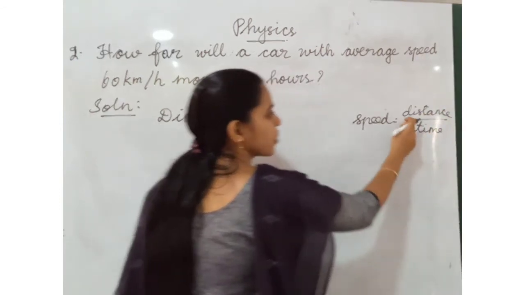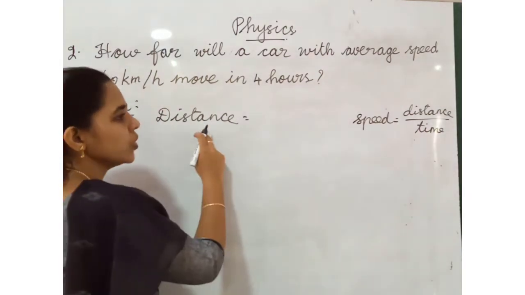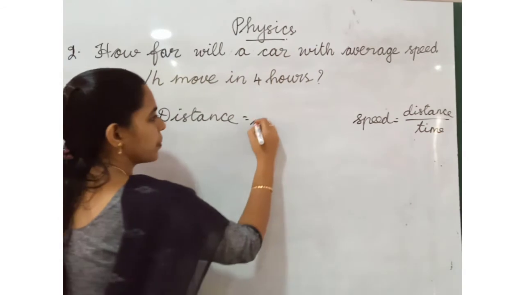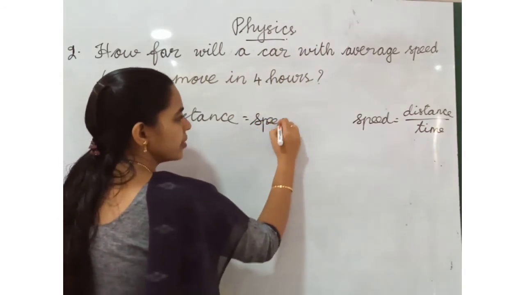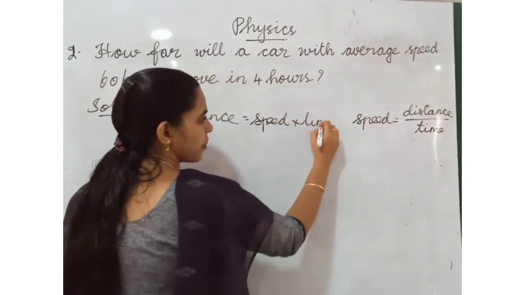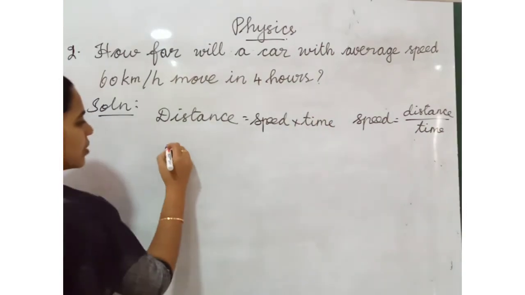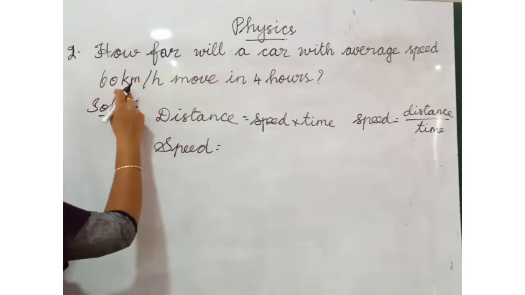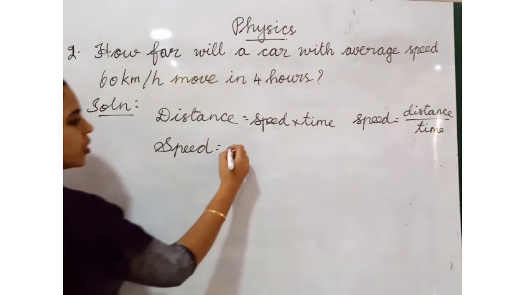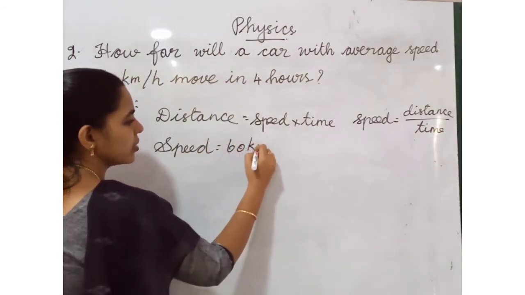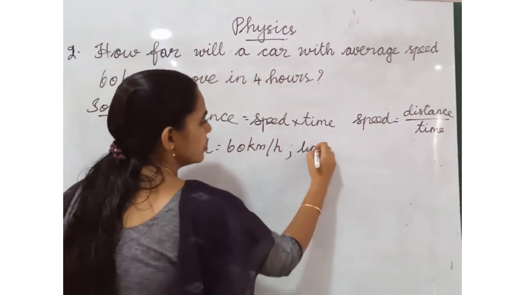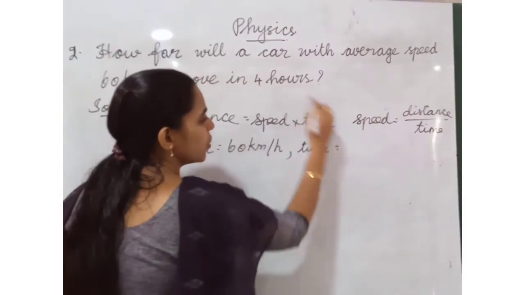From here we write the distance: distance equal to speed into time. Speed is equal to 60 km per hour. Time is equal to 4 hours.